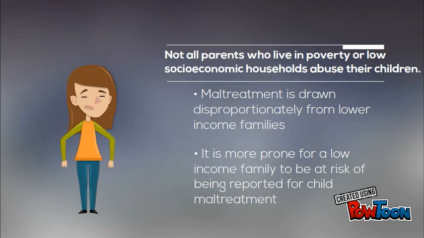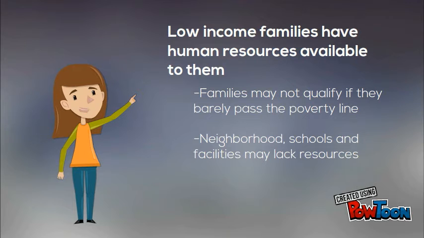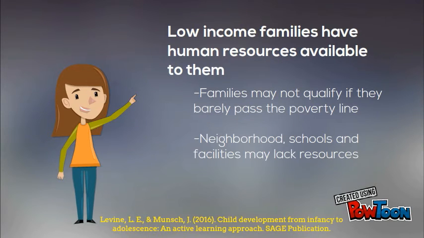Some may say that not all parents who live in poverty or low socioeconomic households abuse their children, but maltreatment is drawn disproportionately from low-income homes. Some may argue that low-income families have human resources available to them, but families may not qualify if they barely pass the poverty line. Their neighborhoods, schools, and facilities may also lack resources.